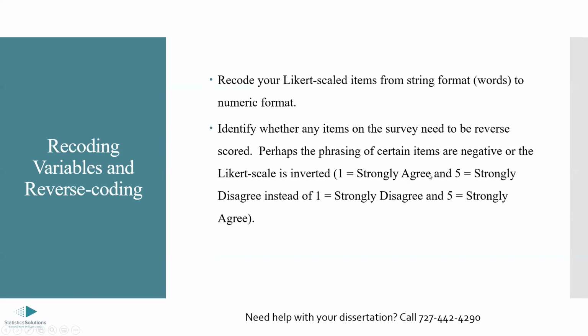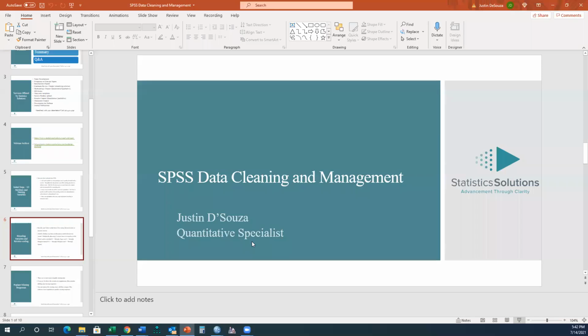Sometimes you can just read the questions and you can tell that reverse coding needs to happen. The best way to know for sure is by obtaining scoring instructions for the survey that you are using. So that will make it very clear. They will tell you, hey, we need to reverse code item 2, item 4, item 6. And then you can do that in SPSS.